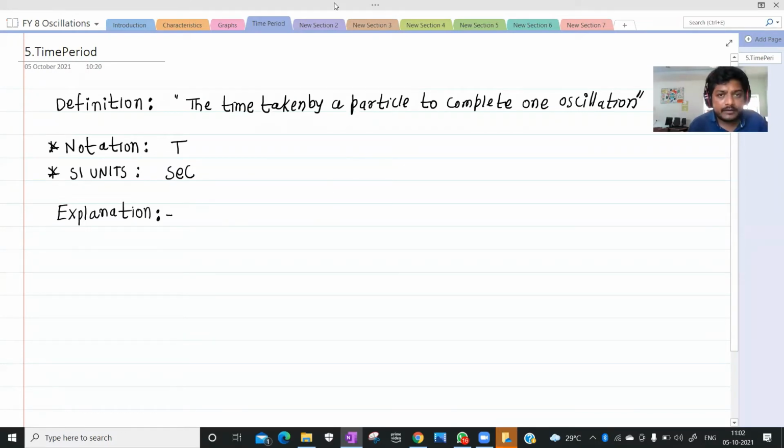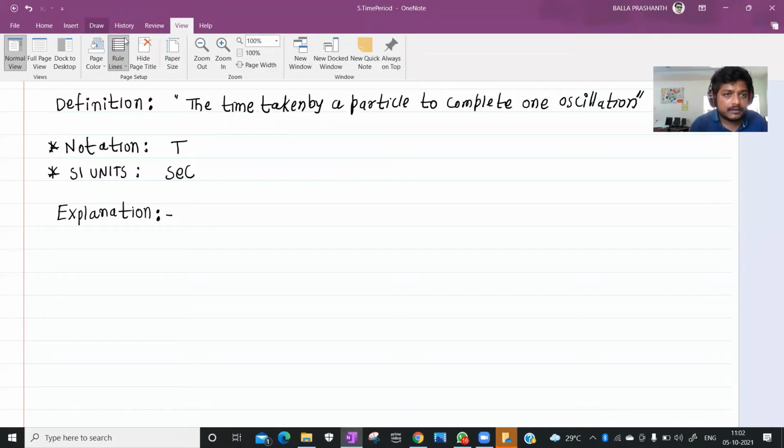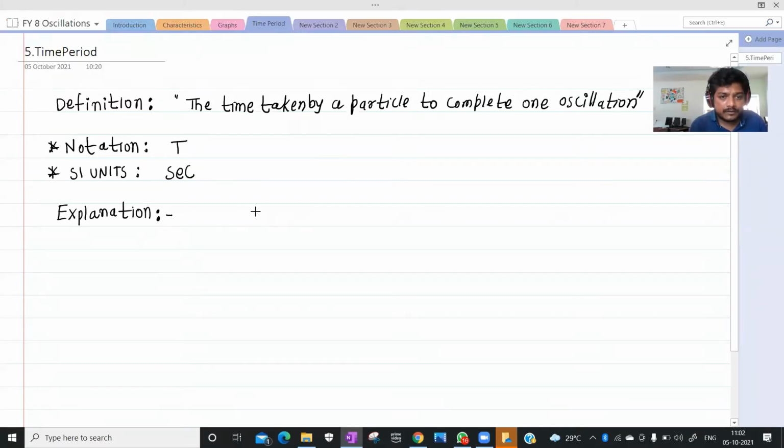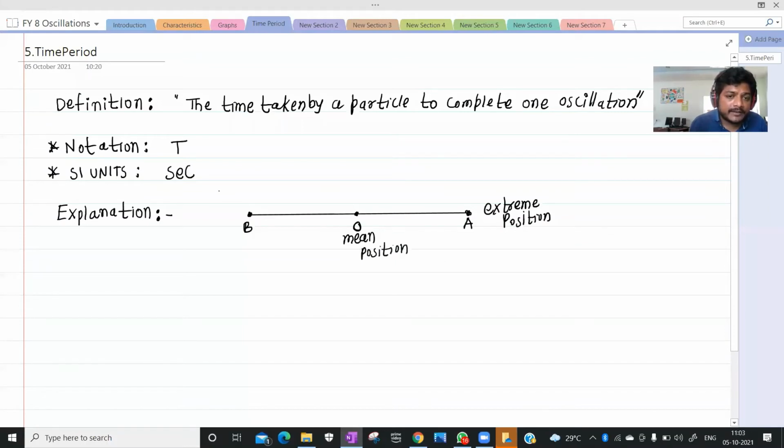See here. This is one extreme position, this is another extreme position, and this is your mean position. This is O, this is A, this is B. O is the fixed position, called the mean position, the reference point.